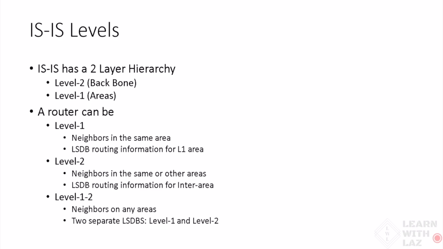Think of level 1-2 as an ABR, an area border router, in OSPF. Well, that's the only one that exists that can talk between both level 1 and level 2. All right. Normally, we configure level 1 routers on our intermediate system routers.